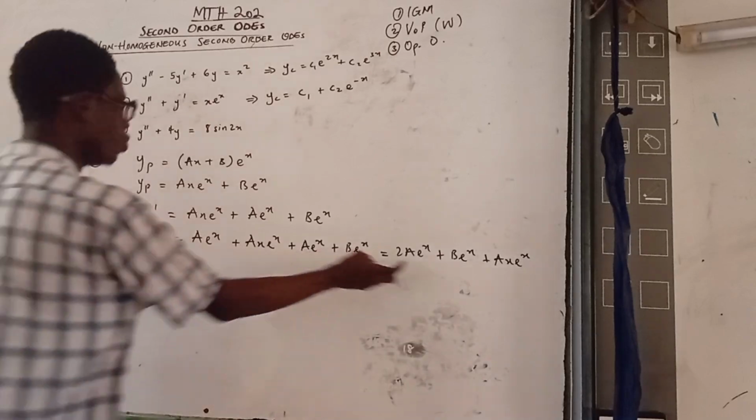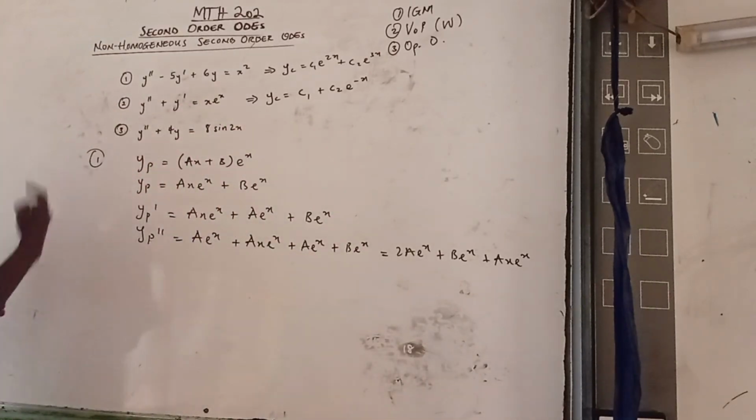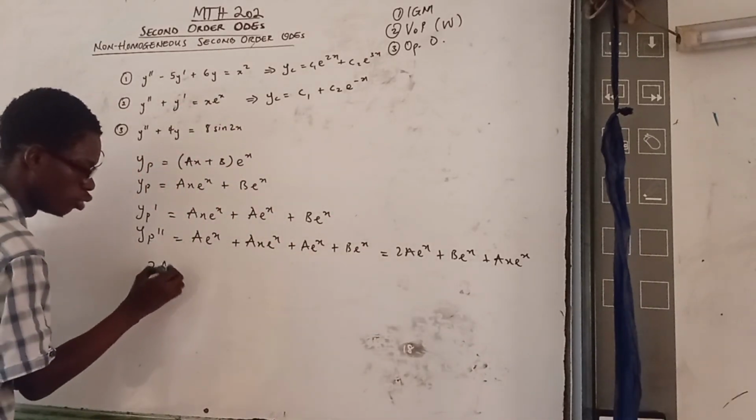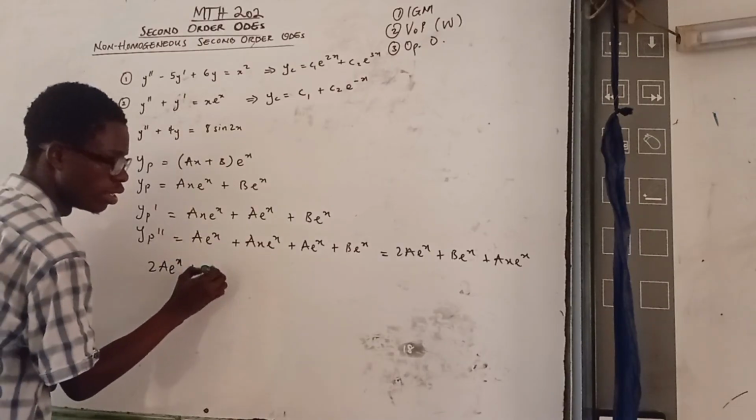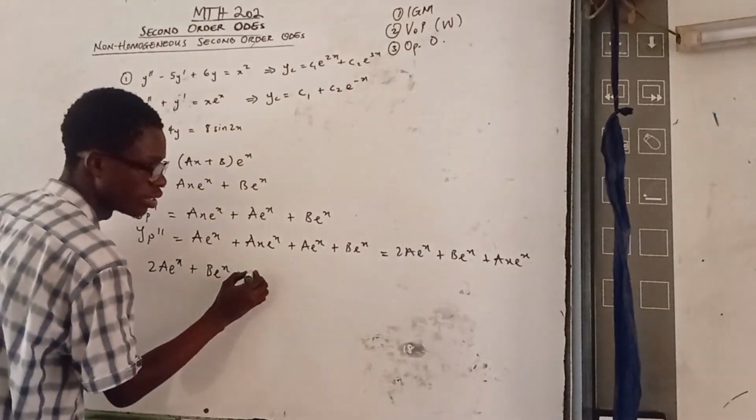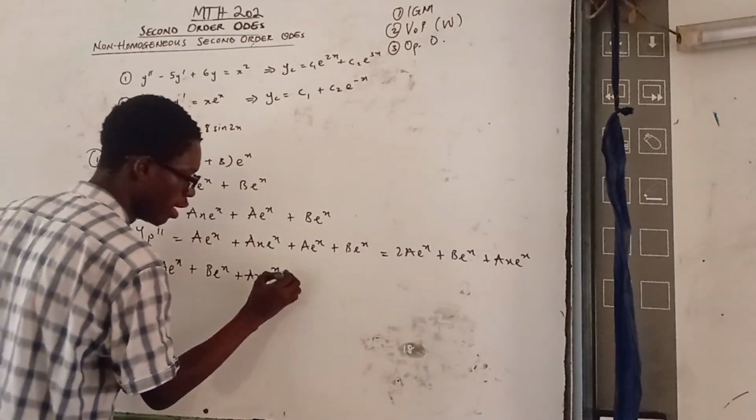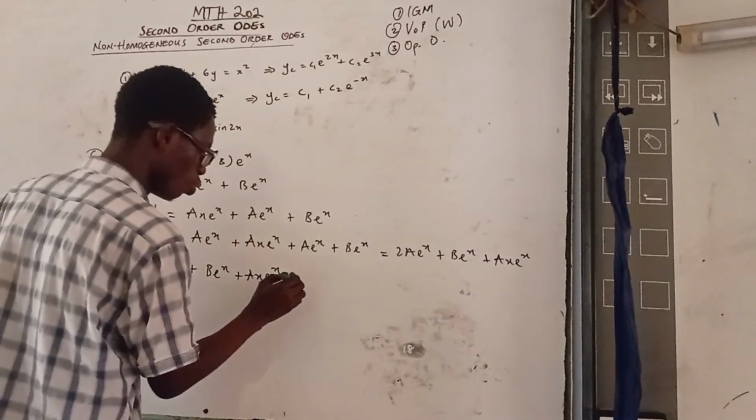So now we are going to include this in our ODE. Y double prime, which is 2a e raised to power x plus b e raised to power x plus ax e raised to power x, plus y prime.